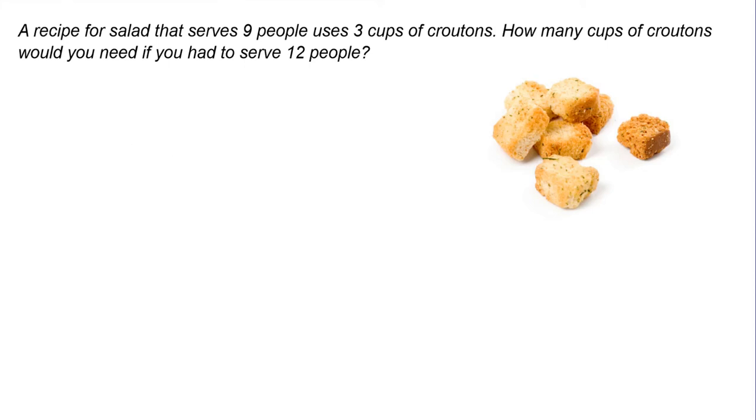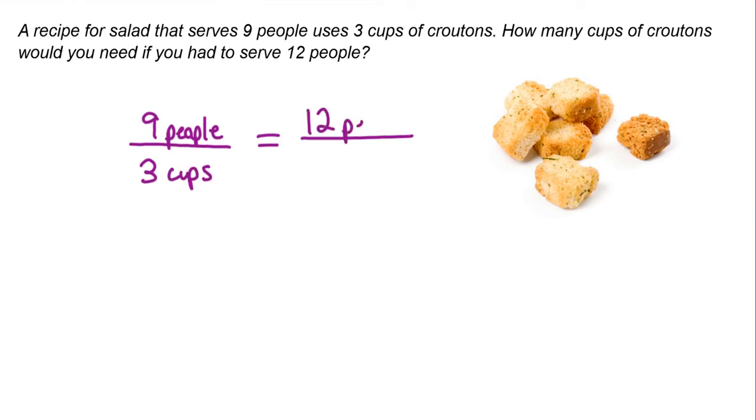Again, I'm going to make a comparison here between people and cups of croutons. I know that this rate is 9 people for every 3 cups of croutons, and that's equal to 12 people for how many cups, I don't know. It's an unknown amount, so I'm going to use x. Again, I have people in the numerator, cups in the denominator.